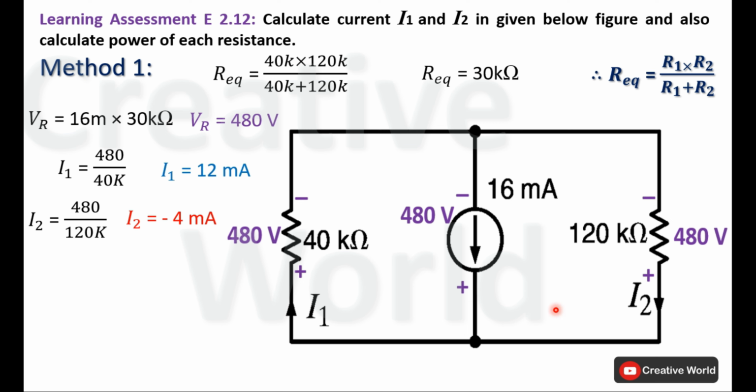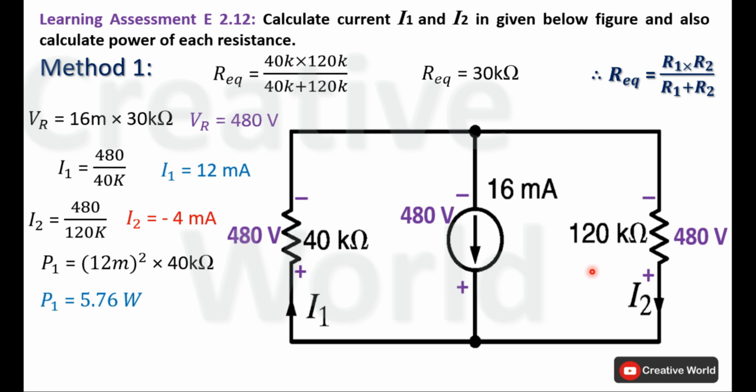Now we will calculate their respective powers. We can use the power formula I square R. First we will calculate power P1 using I1 and 40 kilo ohm. Power of 40 kilo ohm will be I1 square, that is 12 milliampere squared, multiplied by 40 kilo ohm. The answer is 5.76 watt, and this power is being absorbed by this 40 kilo ohm resistance.